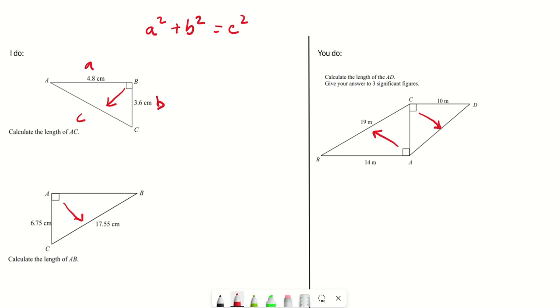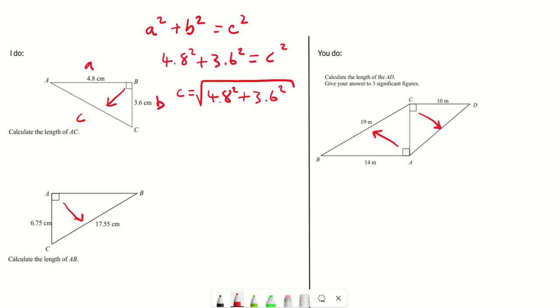So for this first one here then, we're going to do 4.8 squared plus 3.6 squared, and that will equal what c squared is. Okay, now the inverse of squaring is square root. So to make this nice and quick on the calculator, we can simply write, to find c, the square root of 4.8 squared plus 3.6 squared.